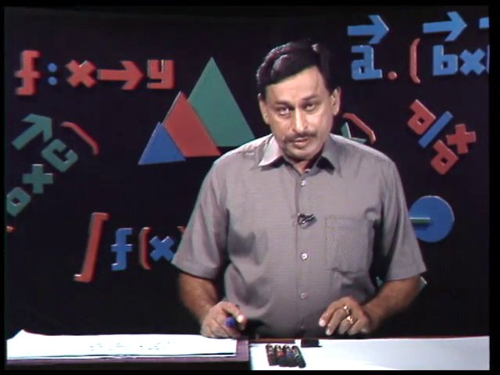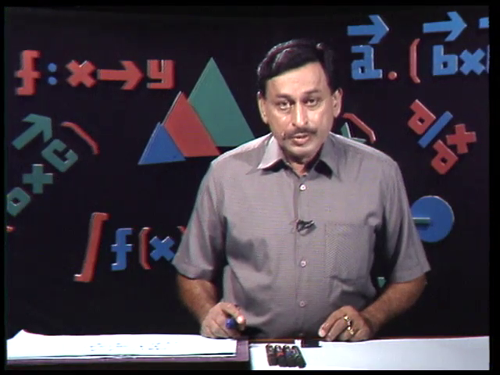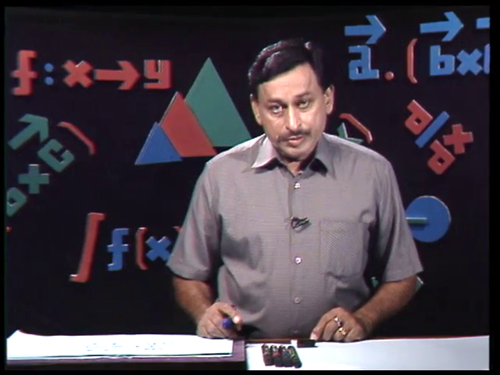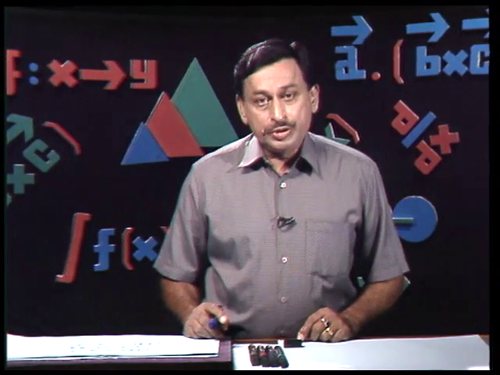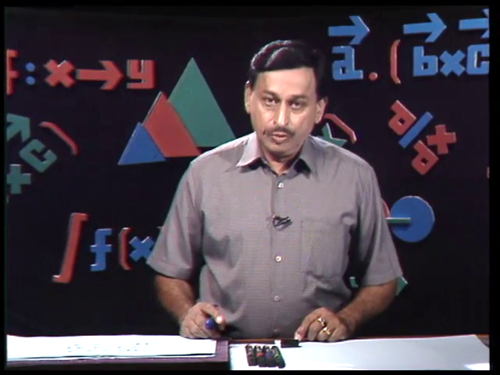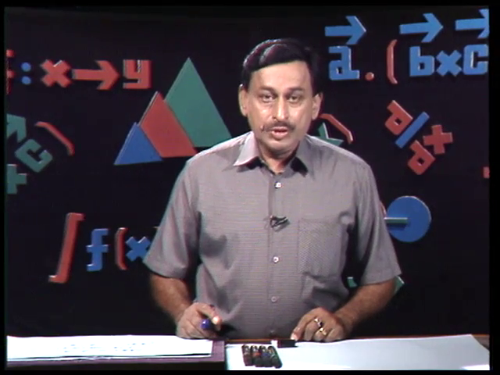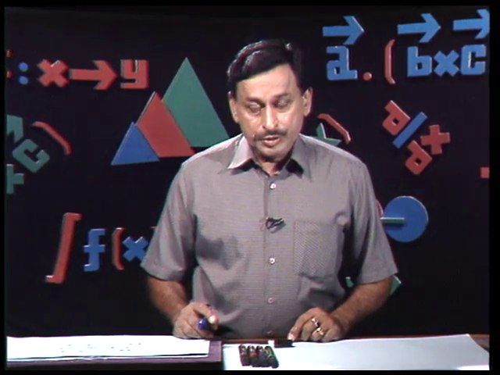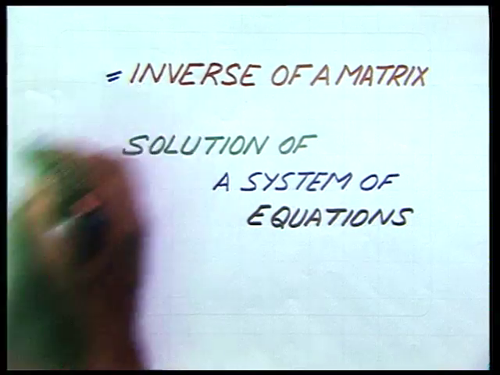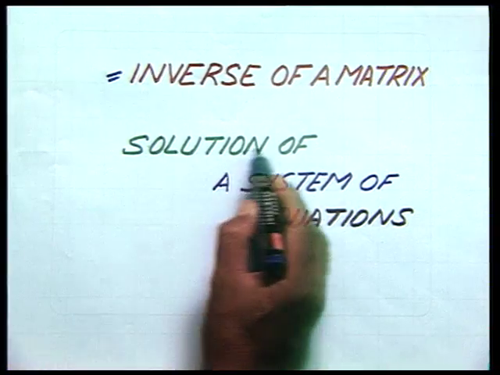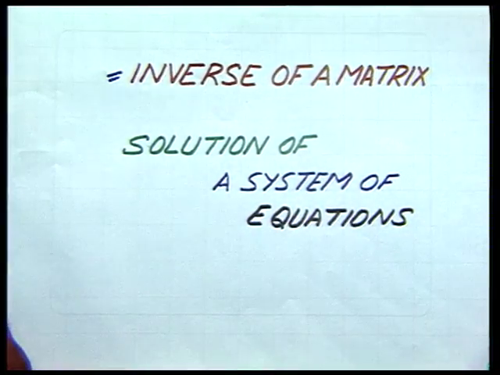Having got this result, now we are on to another important task. Having known the inverse, we are now in a position to go on to finding the solution of the system of linear equations. So, what are we trying to do now? That is, inverse of a matrix known to us, we can find the solution of a system of equations.